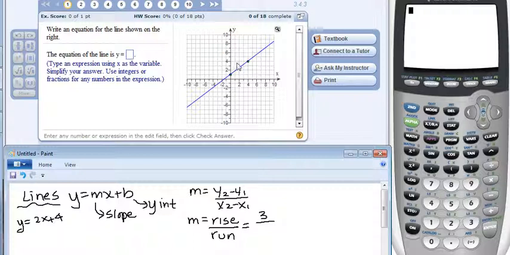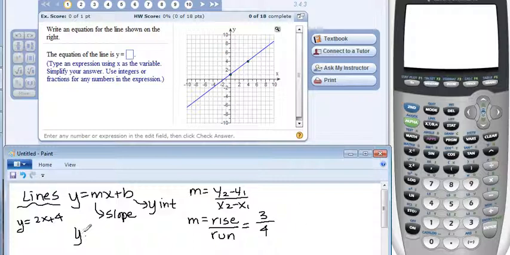I have to go over 1, 2, 3, 4. So there's my slope, 3/4. It's the rise, the change in the y, over the run. So I go up 3, over 4. There's my slope.